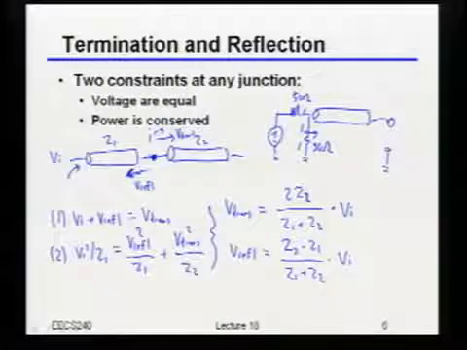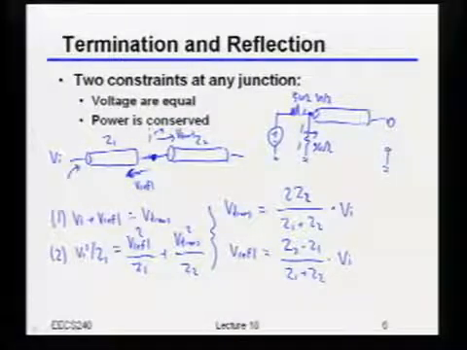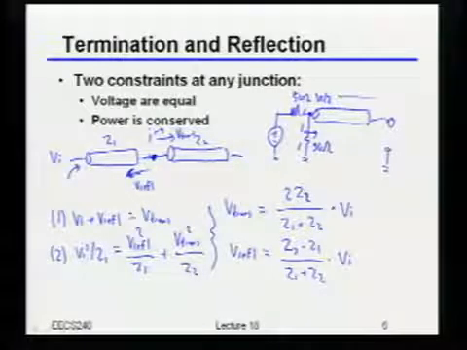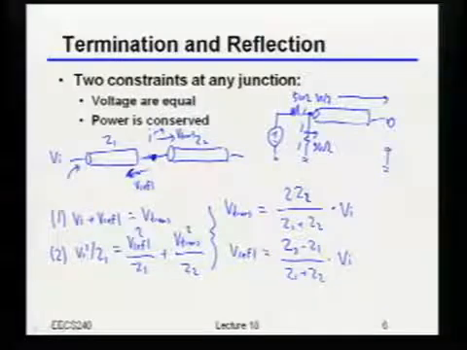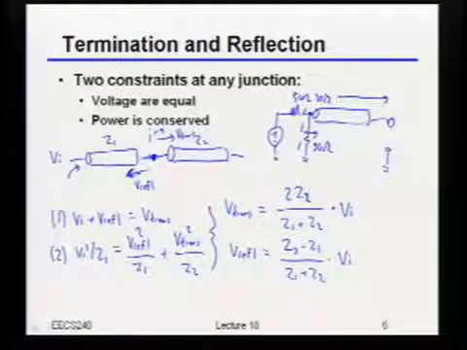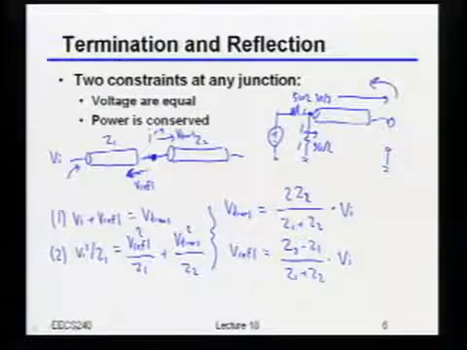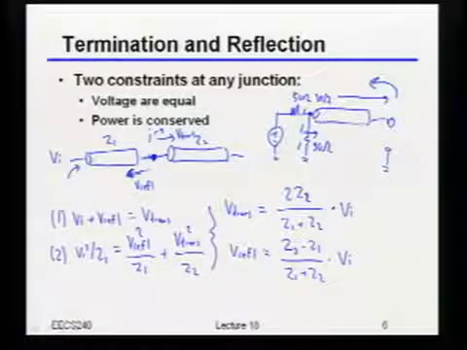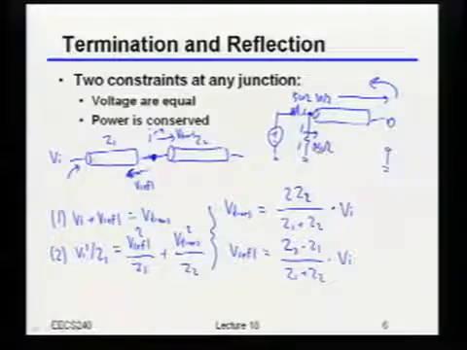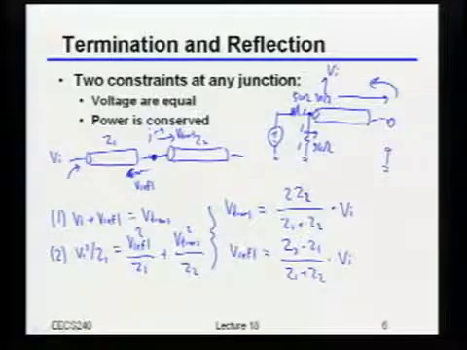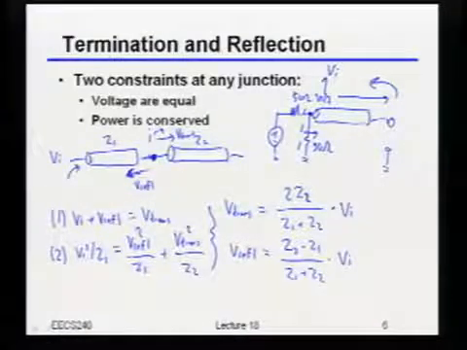So what would show up right here would have been VI over 2. But when it gets to that end point, it says, hey, wait a minute, I don't have anywhere to deliver that energy. So that voltage would completely reflect back, come back to this point and say, okay, sorry, you were supposed to be VI.